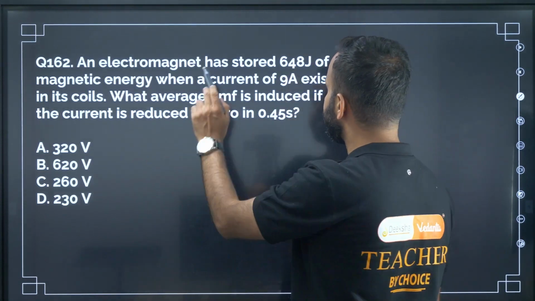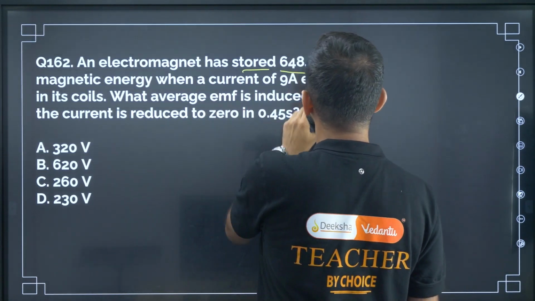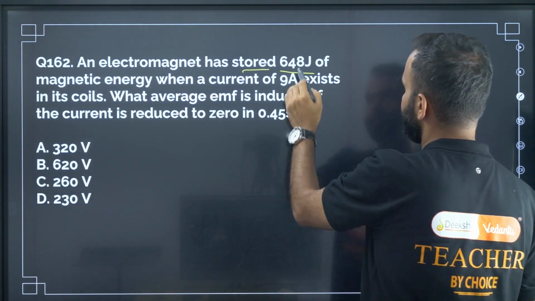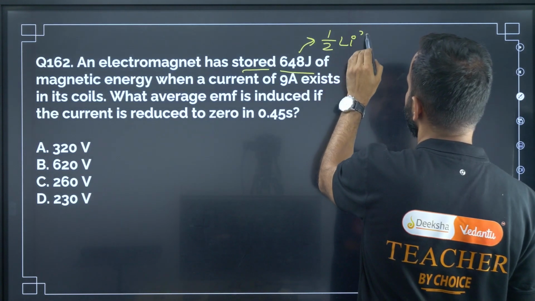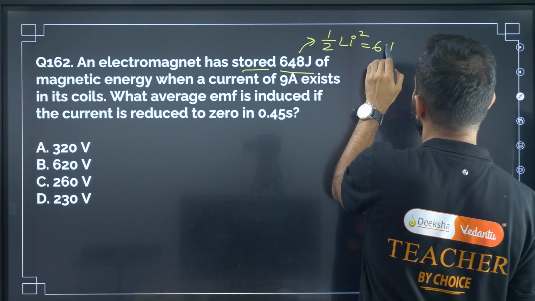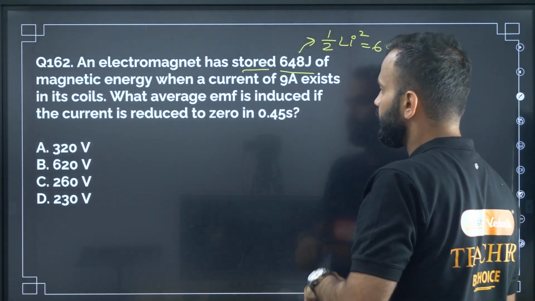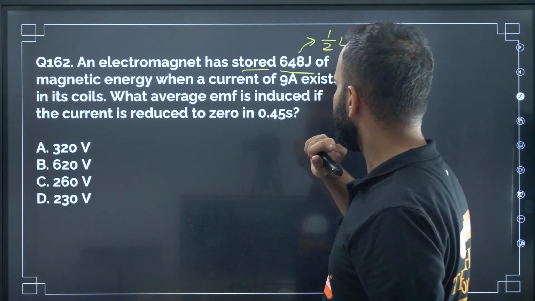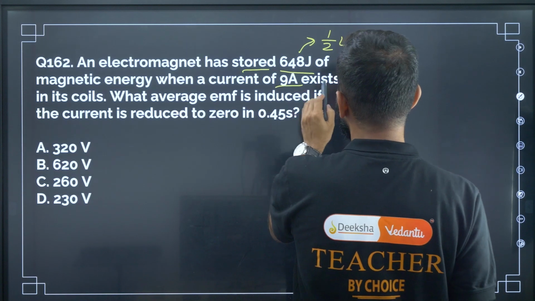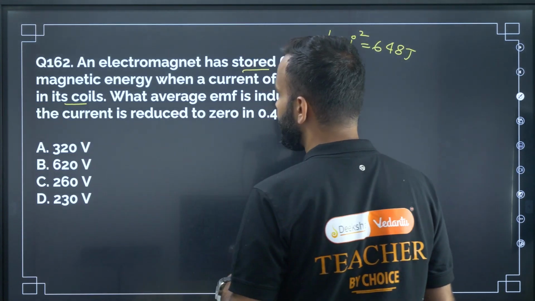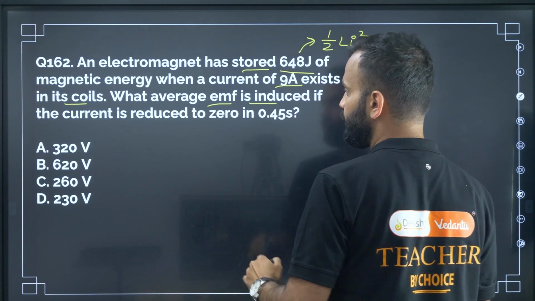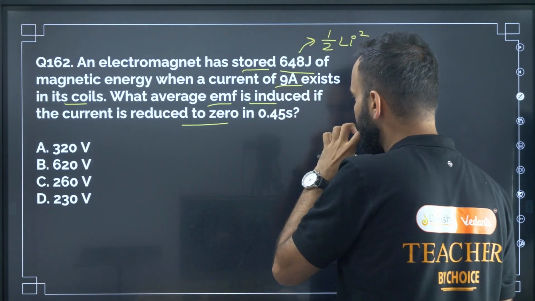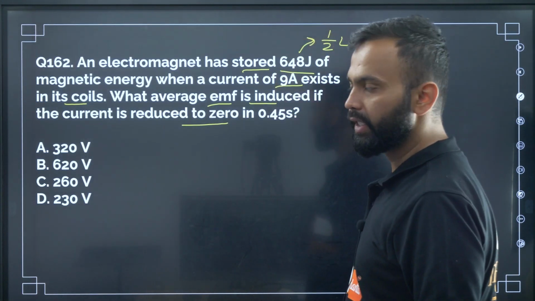An electromagnet has stored 648 joule of magnetic energy, that is half L I square is equal to 648 joule. Half L I square is the magnetic energy. When a current of 9 ampere exists in its coils, what average EMF is induced if the current is reduced to 0 in 0.45 second?